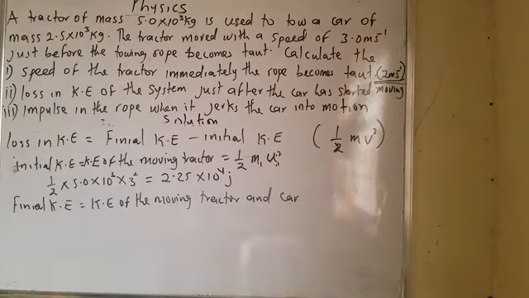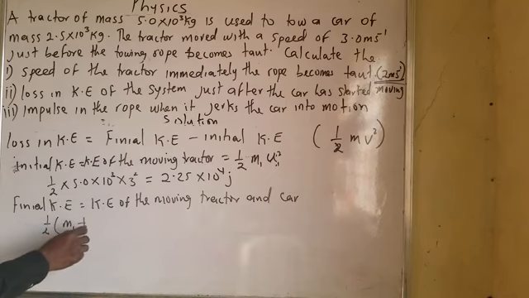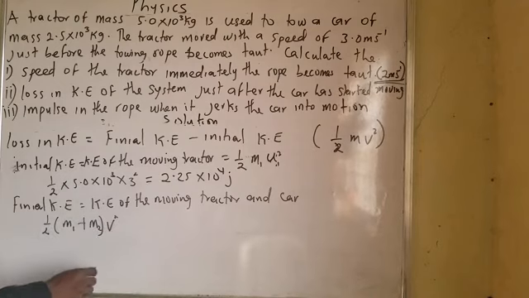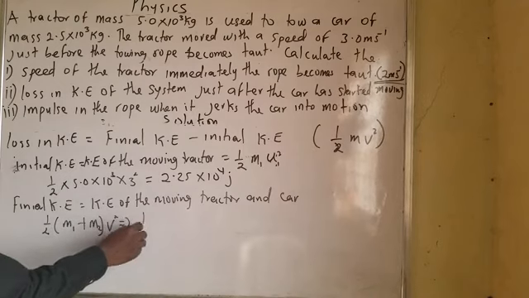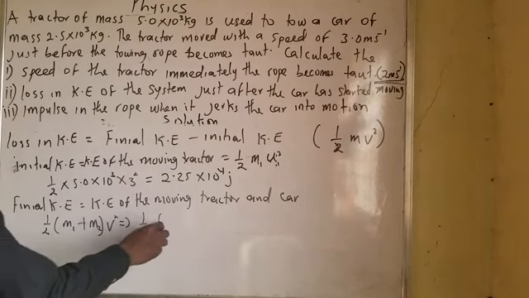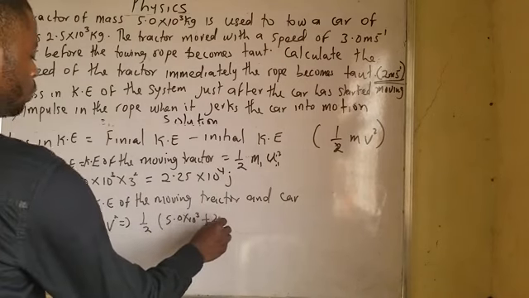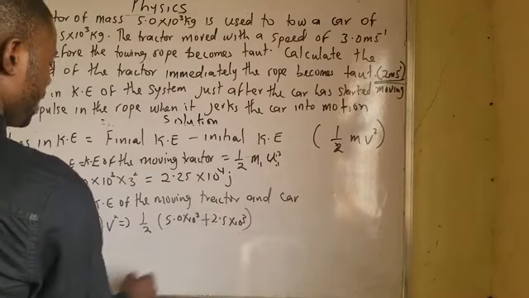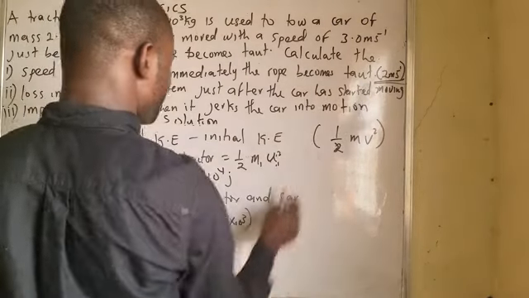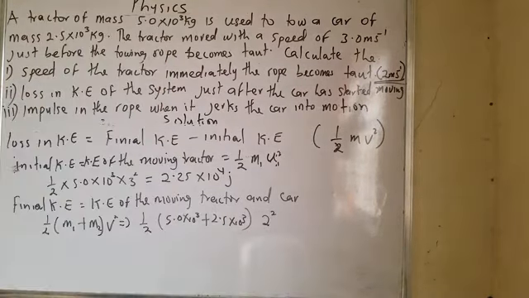Don't forget we have sorted out that at that point it will be 1/2 bracket of m1 plus m2 bracket of v squared, which implies 1/2 bracket of 5.0 times 10 raised to power 3 plus 2.5 times 10 raised to power 3 bracket of my v, and my v is 2 squared.